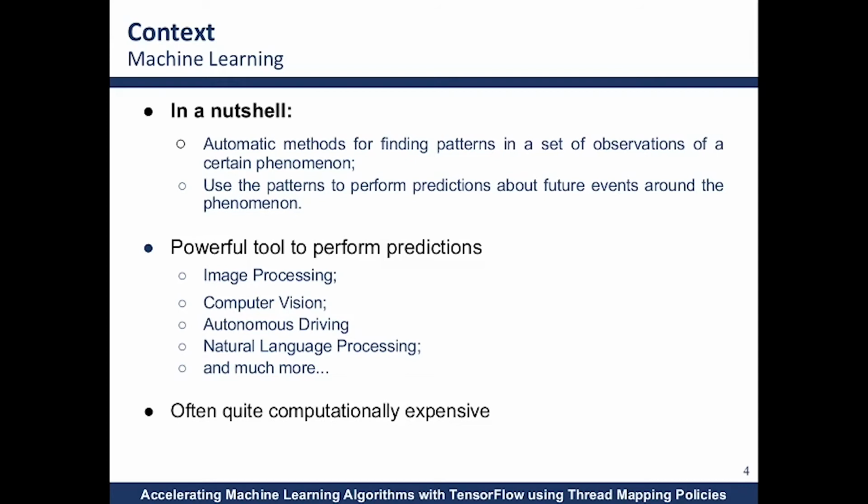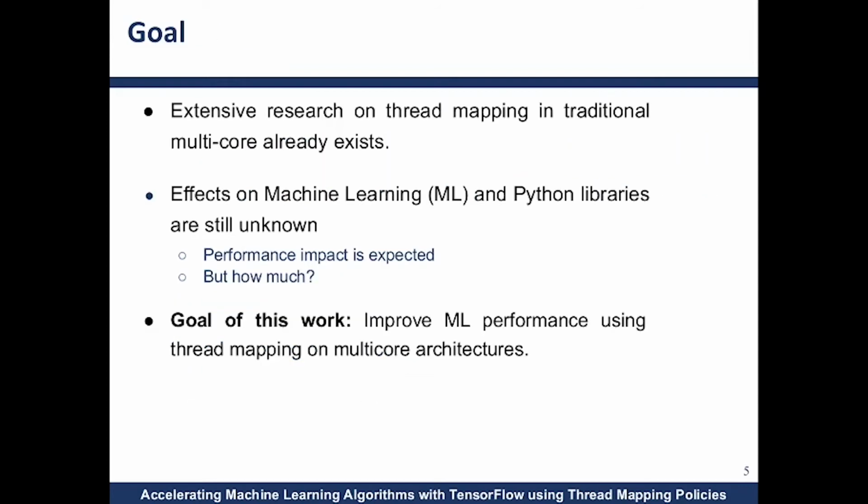And in this work, we are concerned about CPU performance, CPU processing, without using accelerator devices in this task, and the CPU continues to be an important device to perform processing.